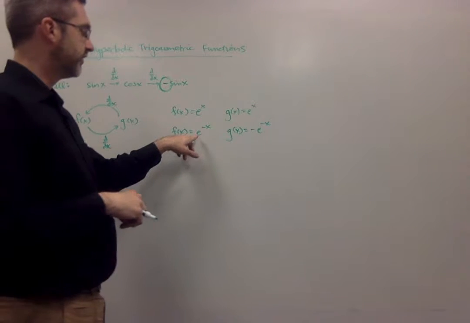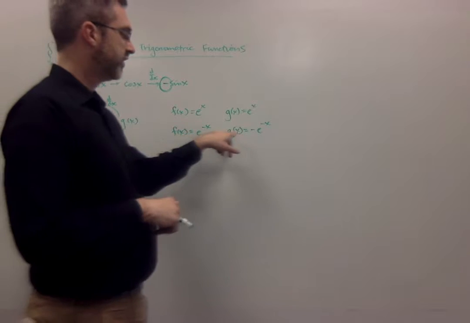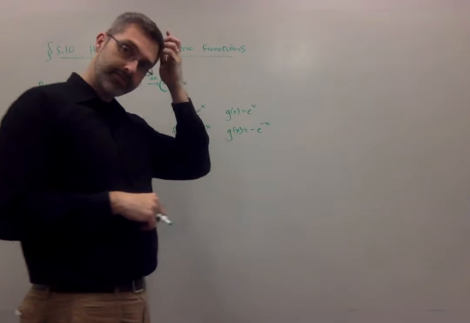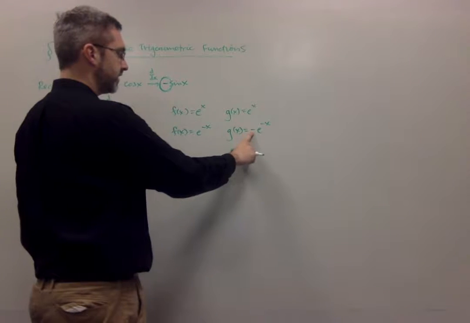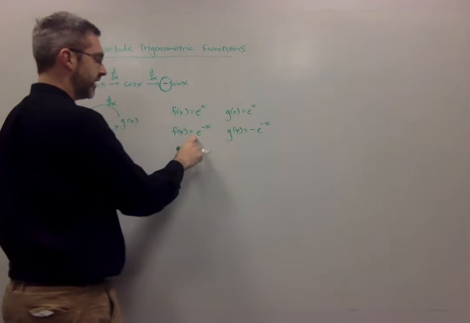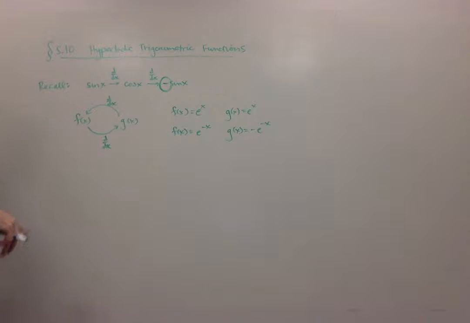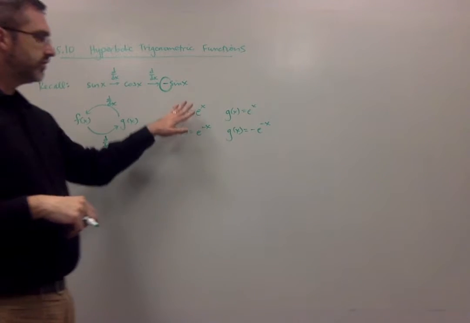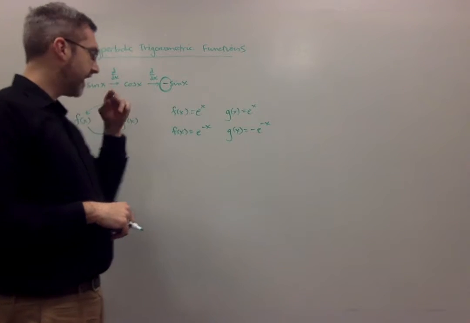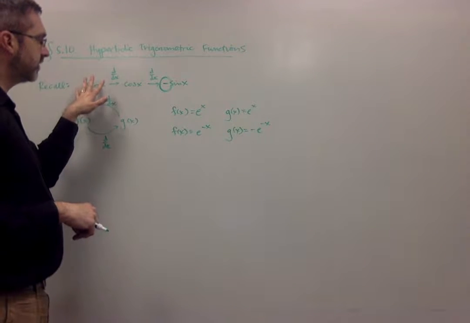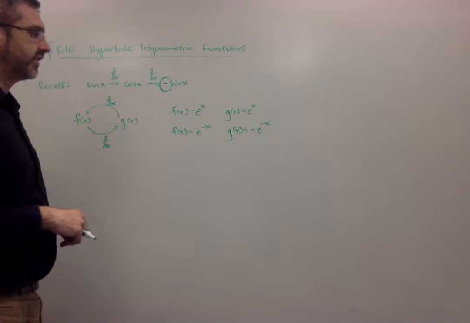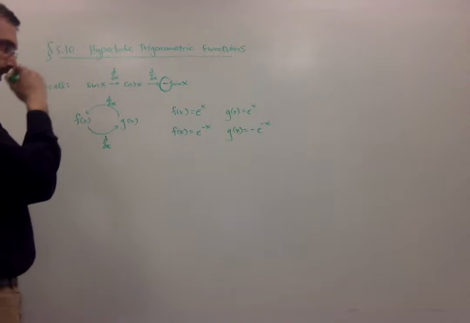So if the function is e to the negative x, the derivative is negative e to the negative x. But when I differentiate again, I get another negative that kills this first negative, and I get back to my original function again. So these two functions have this nice property, whereas sine and cosine end up with this negative after two derivatives.